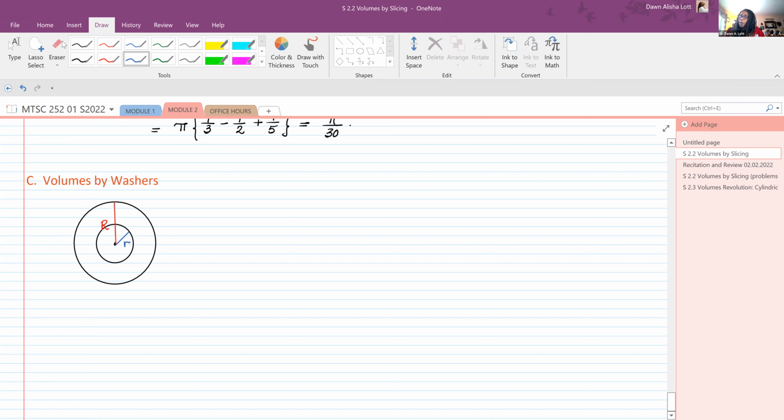All right, so now to find the area of the washer, we're going to take the area of the big circle and subtract the area of the inner circle, the little circle.